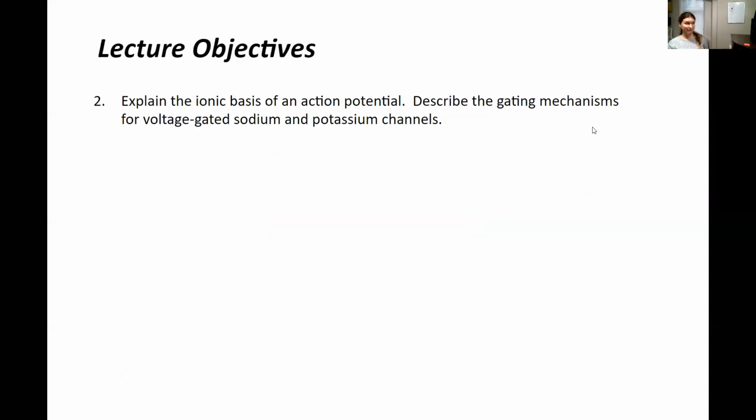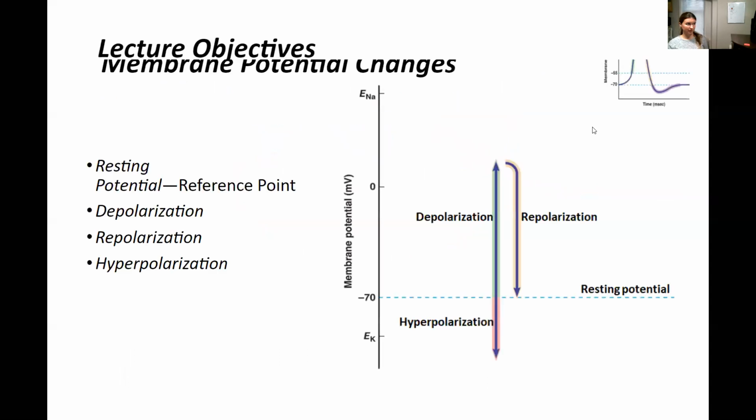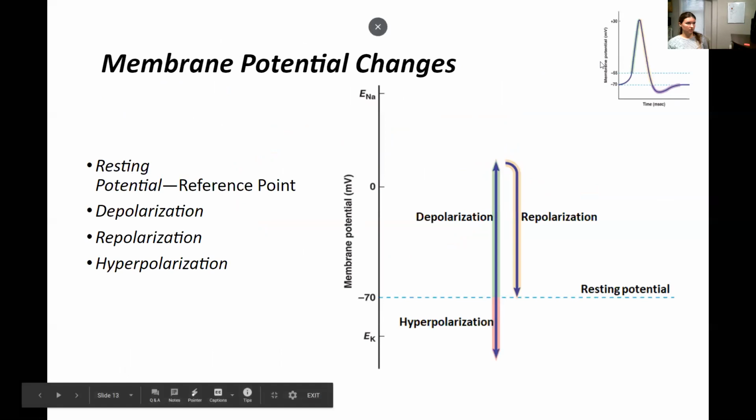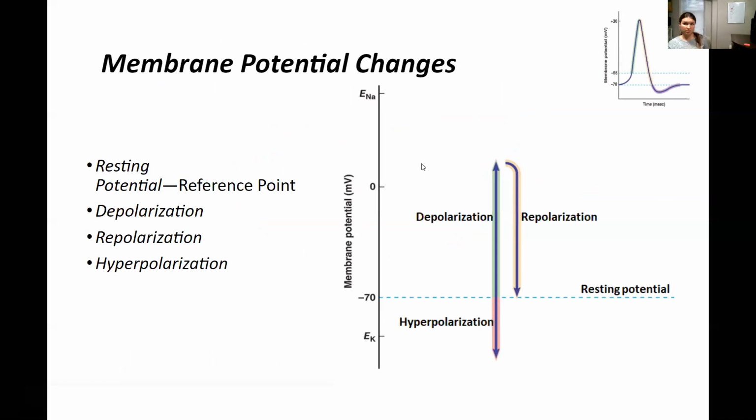So speaking of voltage gated channels, as we talk about them, I want us to keep in mind the directions that we can see our charges changing. Here on this graph, we see our membrane potential with the blue dotted line at our resting potential. I want us to remember that we can move closer to our equilibrium potential for sodium.